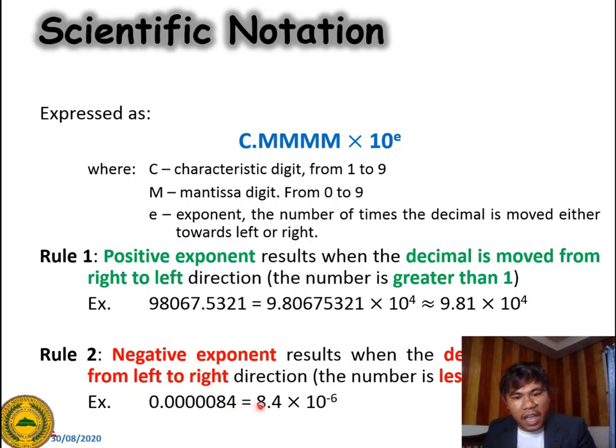So you have 8.4 times 10, and notice that I placed a negative 6 here since we are rewriting small numbers. So the rule is, when you move the decimal places to the right, that corresponds to a negative power. So that's a scientific notation.